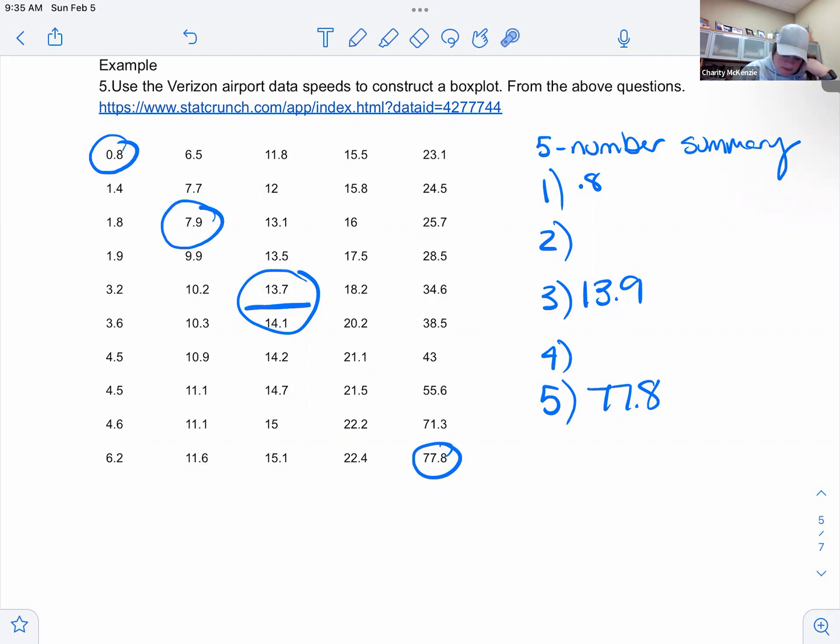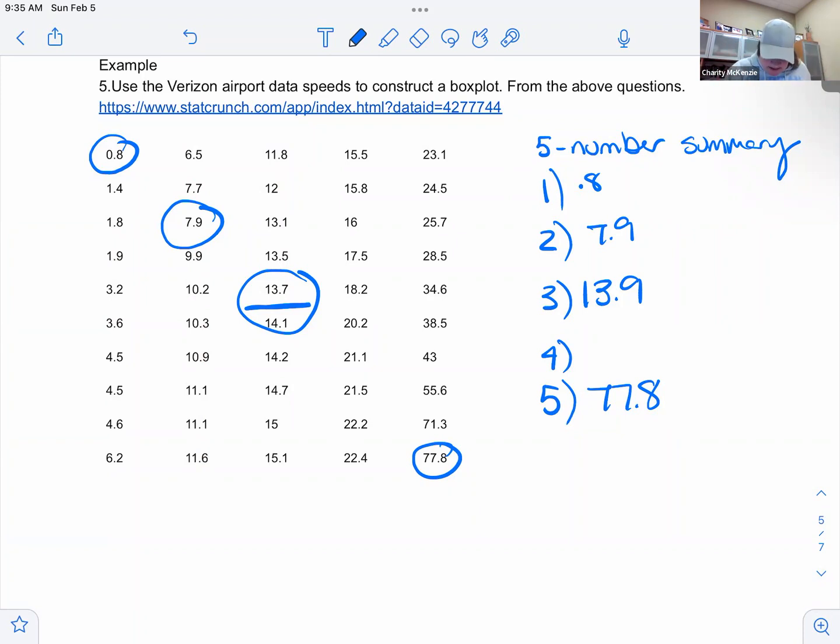So 1, 2, 3, 4, 5, 6, 7, 8, 9, 10, 11, 12. So there's 12 values before, 12 values after. So that's the exact middle. And so that one is 7.9. So when you have an even amount, the median is an average, but the other two are exact places.